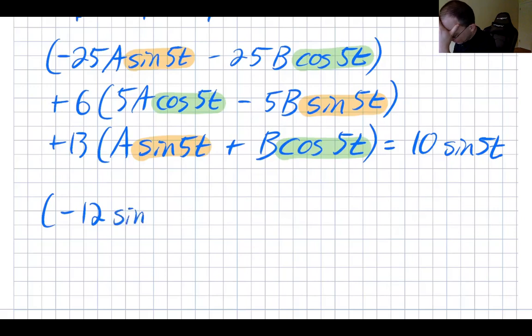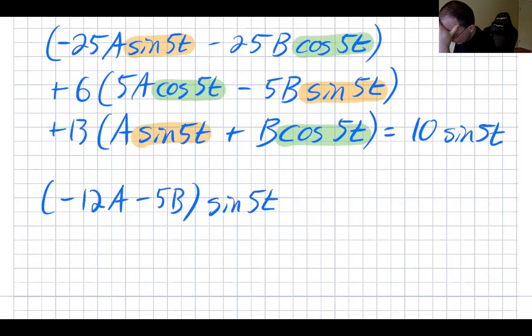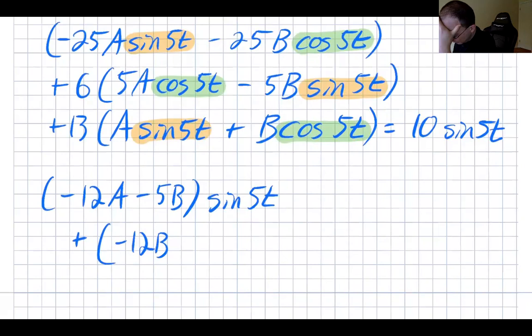Okay, so sine, negative 12a minus 5b sine 5t, and then plus, same thing for cosine, we have negative 12b. Oh, this is not 5. I missed the 6, so this is actually 30.